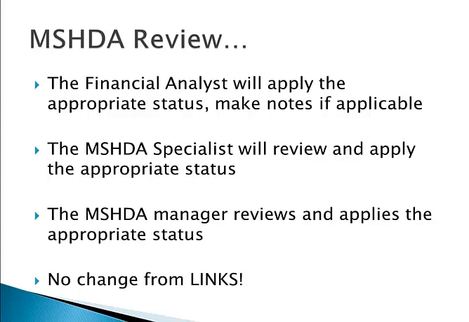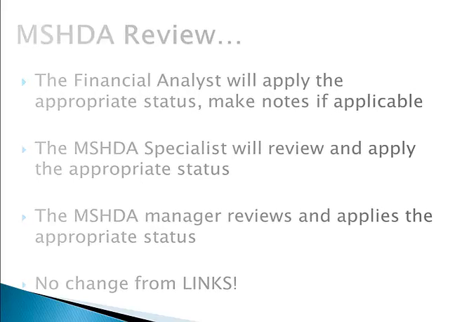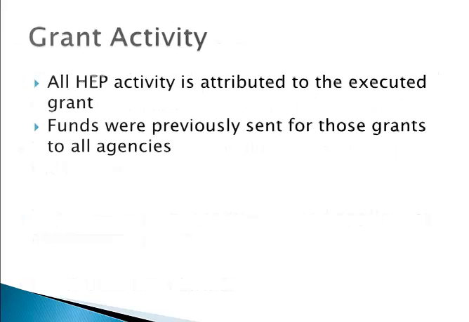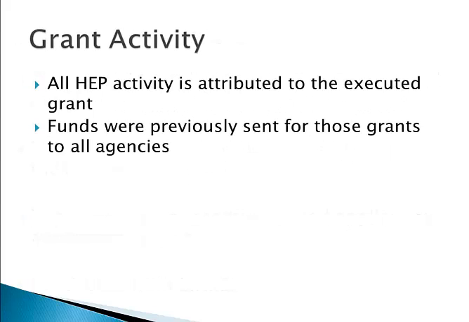Once all these approvals have been processed through the system, the MSHDA financial analyst will again see the bill in their task tree for action. The status then that would be applied is payment complete. All grant activity is attributed to the executed grant, so funds that were previously sent from those grants would not be sent out again.